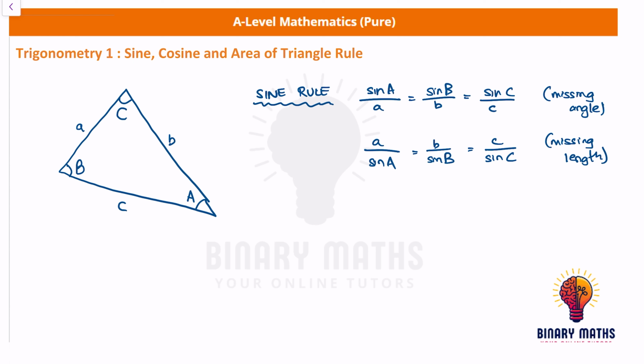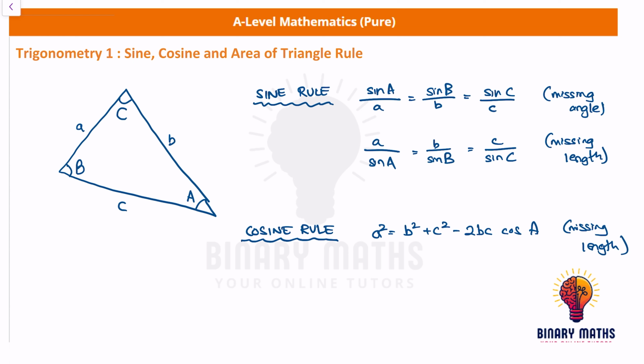Okay, the next rule is the cosine rule. One version is a squared is equal to b squared plus c squared minus 2bc cosine A. Now because a squared, the lowercase a, is the subject of that formula, this one is more useful when you have a missing length, because the lowercase a represents a length.